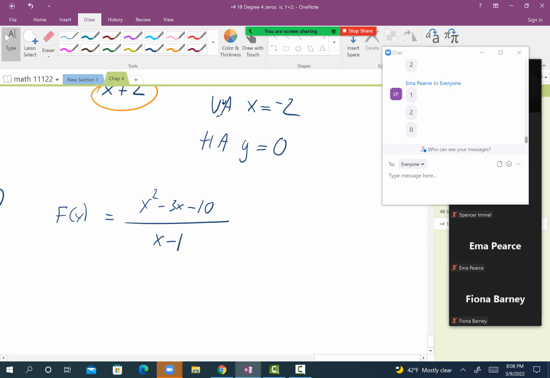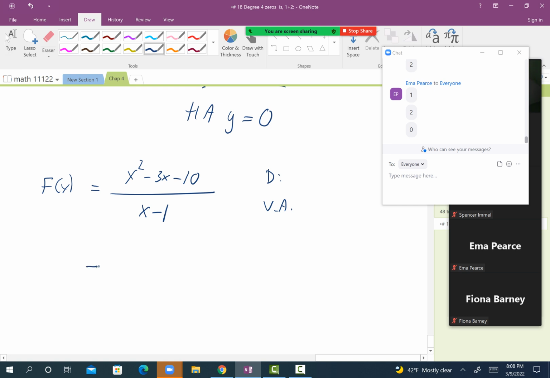All right. So this one's written in a little different form. When you have it written in a form like this, it's always a good idea to try to factor it. Now the bottom's already factored, but the top one's not. So it's always a good idea to do that. In this case, I got to find some factors of -10.